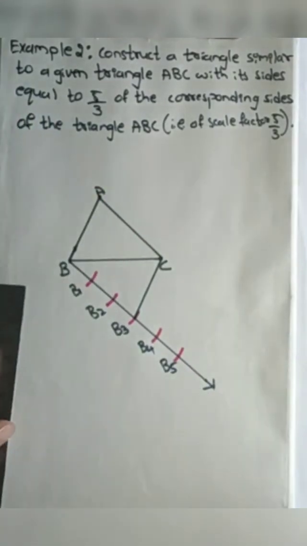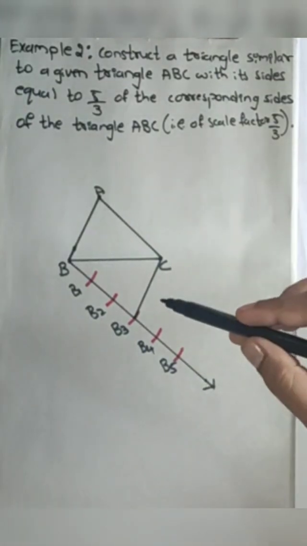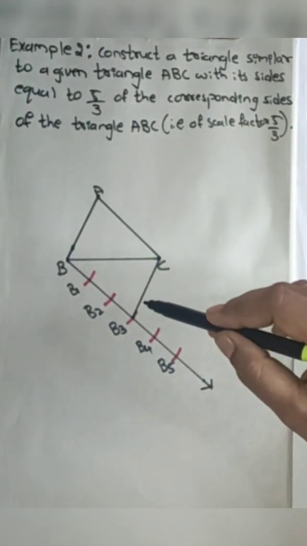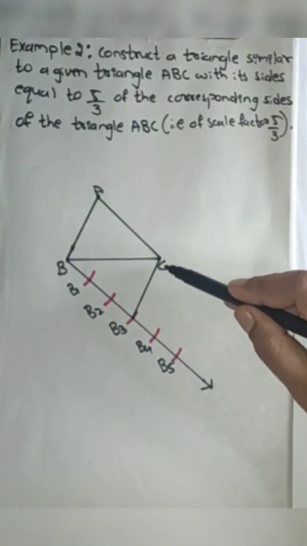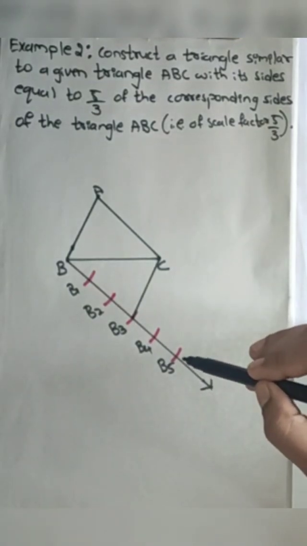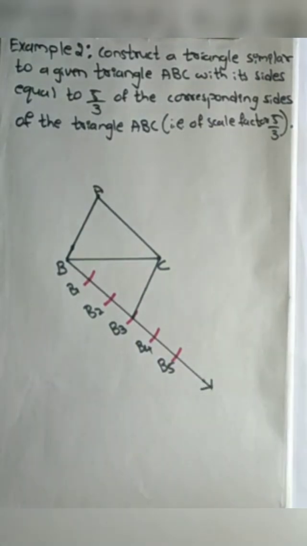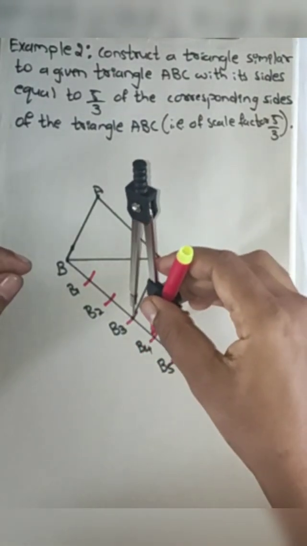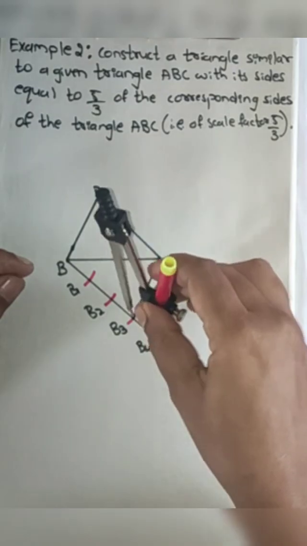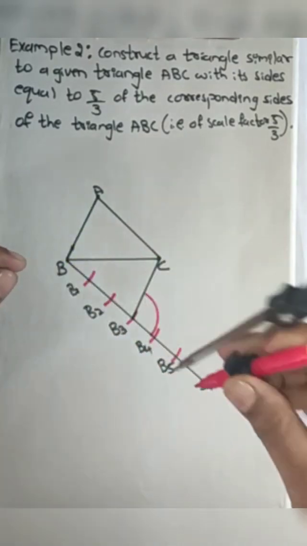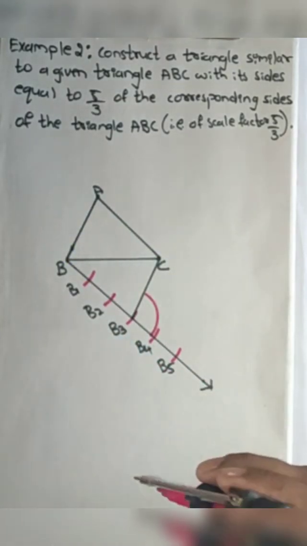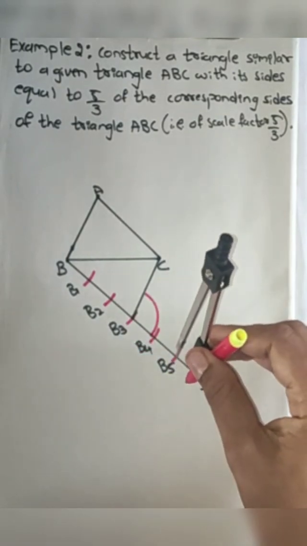Now after joining this, we should construct a parallel line to B3C from B5, to get C dash. This BC should be extended at that time. Okay. Now again take your compass, draw any measurement arc. Without changing the compass, keep on B5.